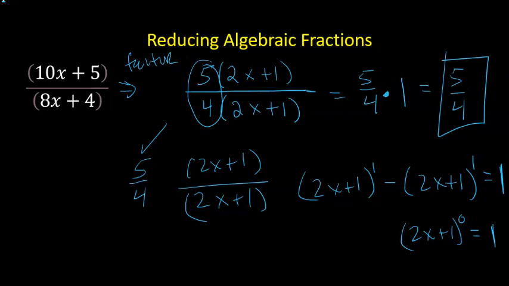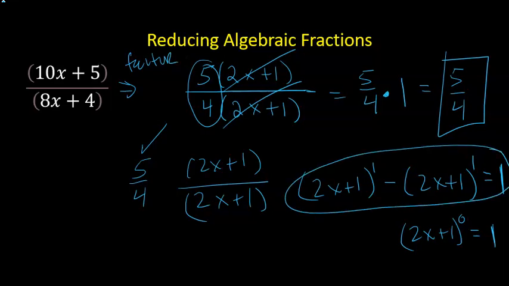This is actually the final answer, because basically what happened is we crossed these out. They're the same thing, right? This is basically crossing things out. That's the answer. Now here's the thing. This is called an improper fraction. So if I have an improper fraction, I could turn it into a mixed number.